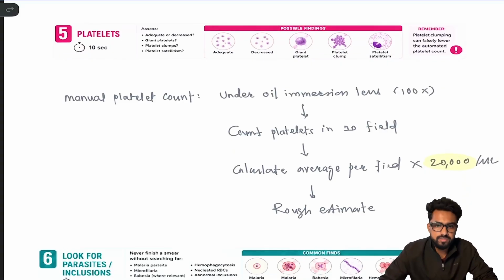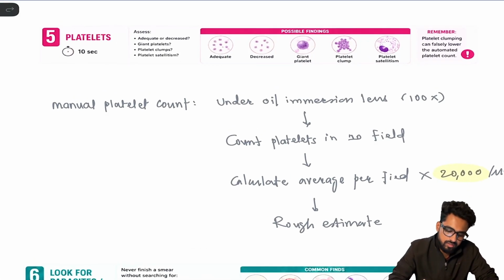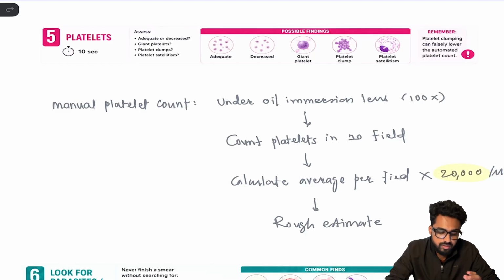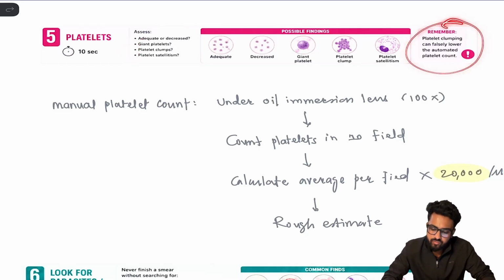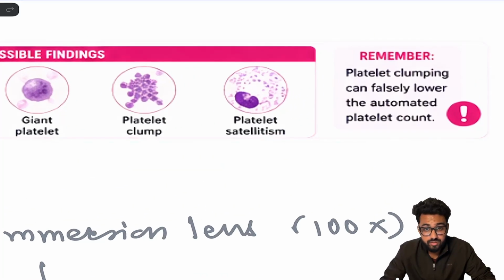Next is platelets. So for platelets, you should assess the adequacy of the platelets, very important. Is it adequate or depleted on the smear studied? Then is there any large platelet or giant platelets? Is there any platelet clumps or platelet satellitism? Platelet clumping can falsely lower the automated platelet count.